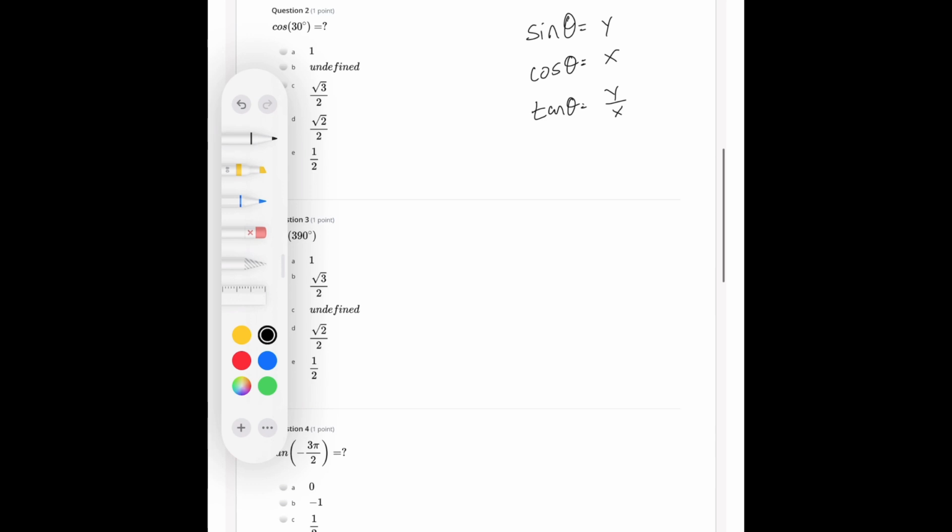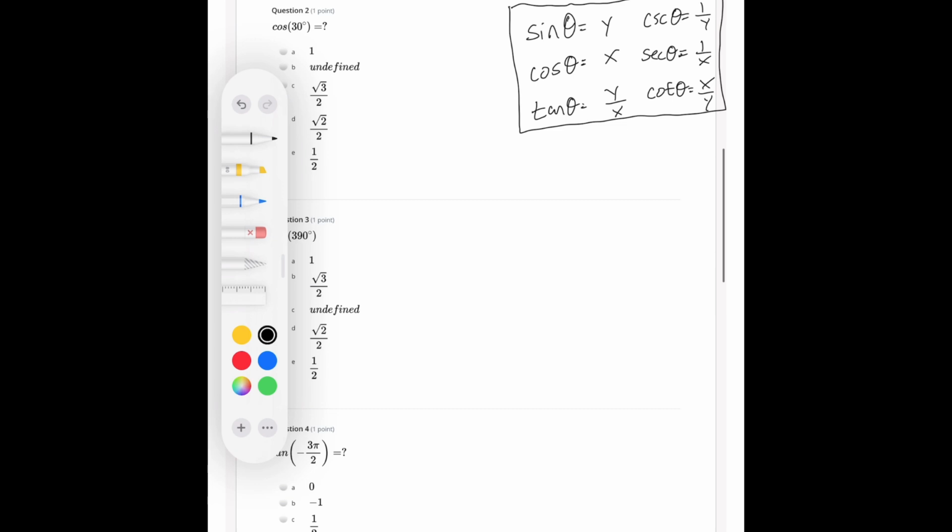Cosecant is sine flipped over, or 1 over y. Secant is cosine flipped over, or 1 over x. Cotangent is tangent flipped over. So you need these once you complete your unit circle.